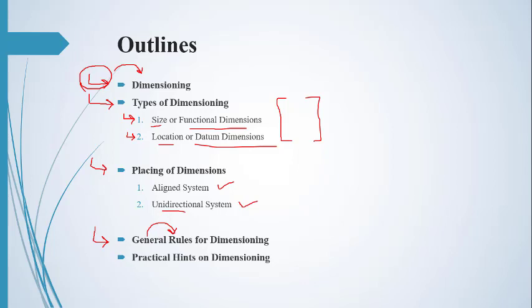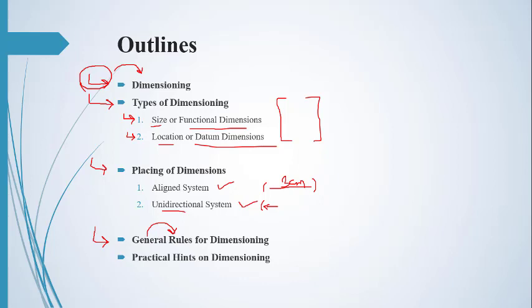So in the first one we will see the aligned system, that how dimensions can be kept. For example, I have written here 3 centimeter, while in the unidirectional we will see that the dimension should be kept in same or in unidirectional dimension.